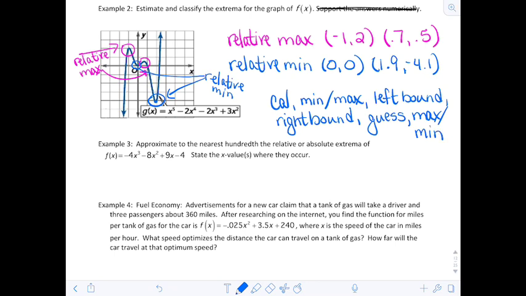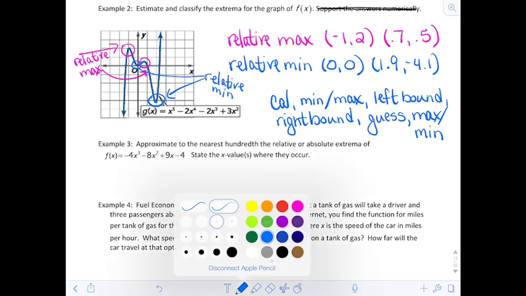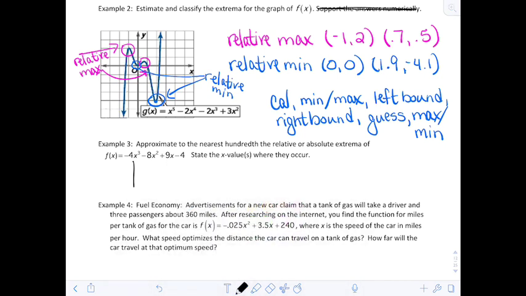Okay, example 3. Approximate to the nearest hundredth the relative or absolute extrema of this cubic and state the values where they occur. So as we look at this graph, it is a cubic. It has a negative leading coefficient. Now I don't have my graphing calculator with me, but I do have my notes, so I can get some values from there.